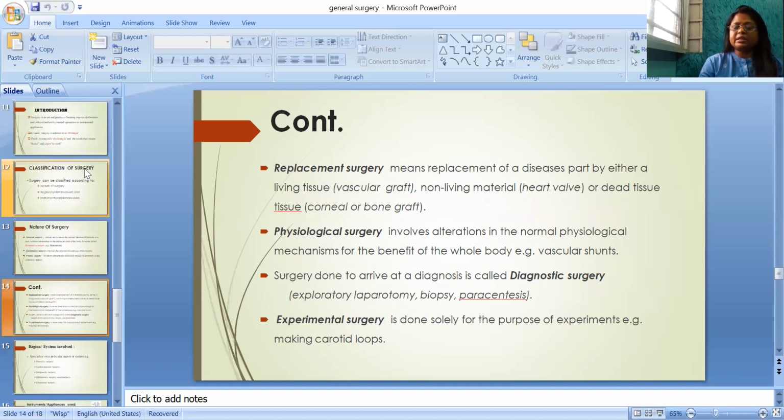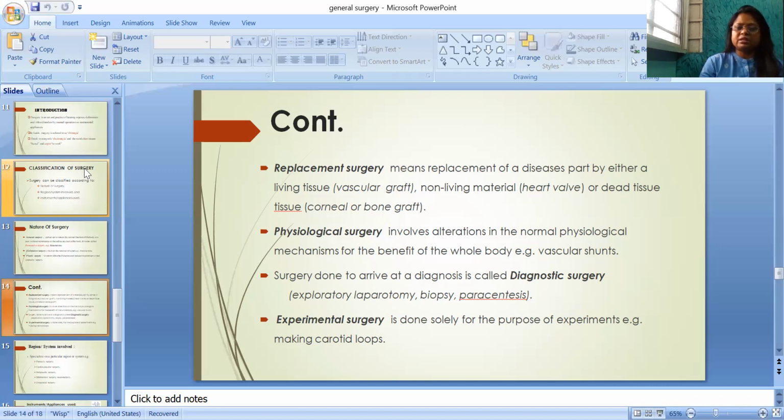Your purpose is to diagnose the affected part, or to diagnose whether something is related to a tumor or other things. Then experimental surgery.